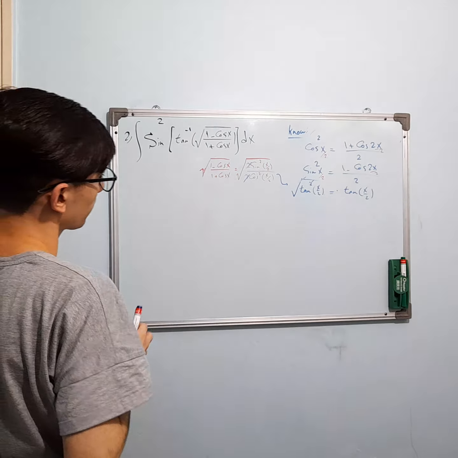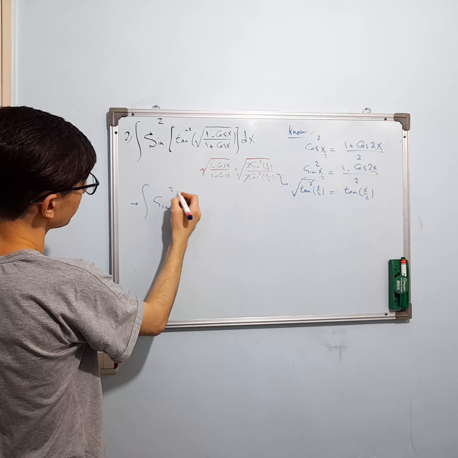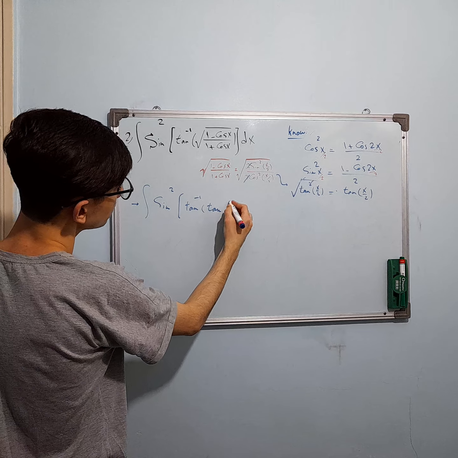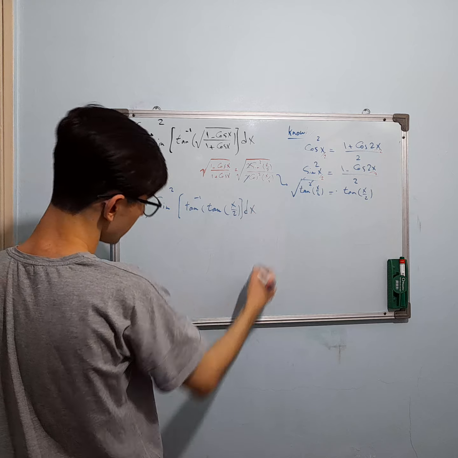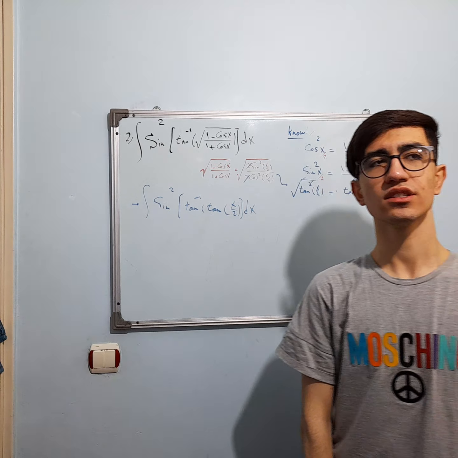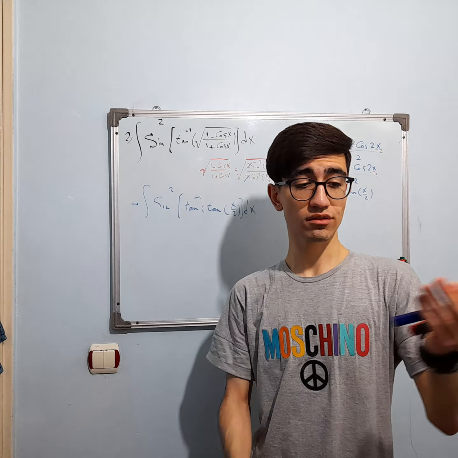Now we have the integral of sine squared of inverse tangent of tangent x over 2 dx. We know that inverse tangent of tangent of whatever is whatever.